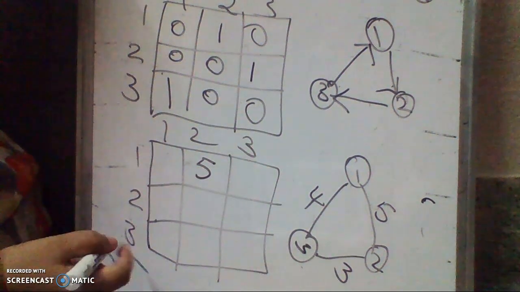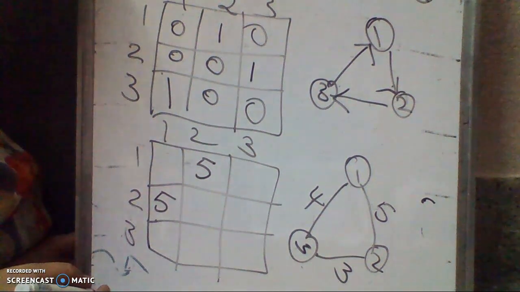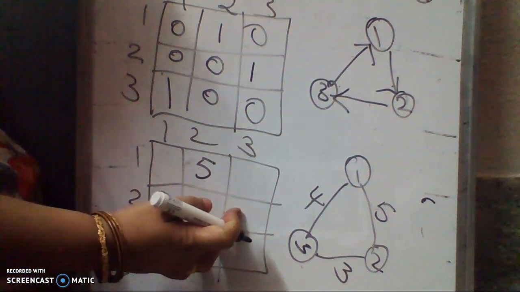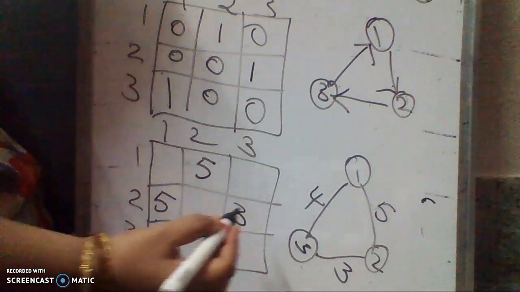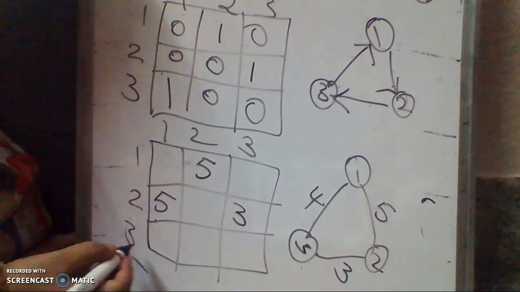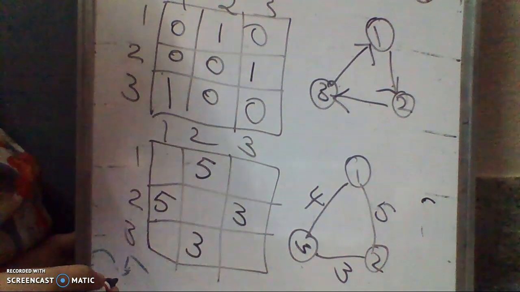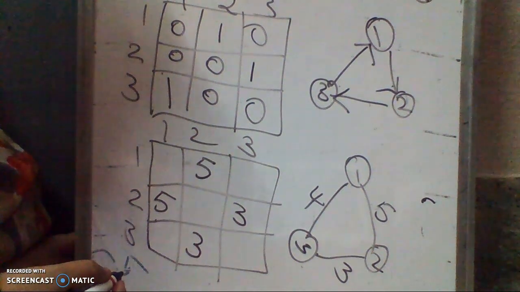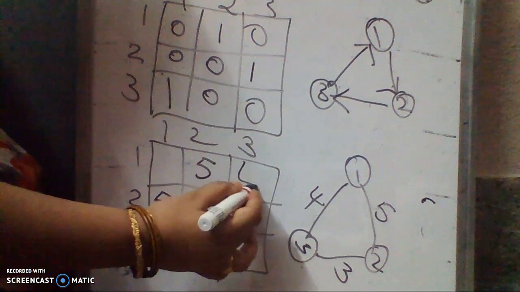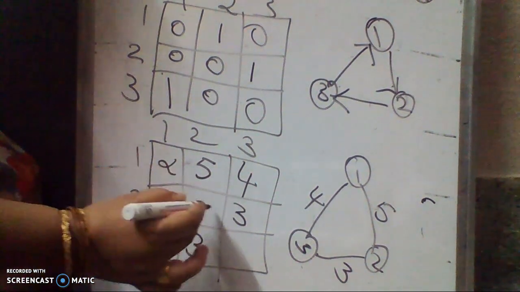This is treated as an undirected graph, so 2 to 1 is also 5. For 2 to 3 we have an edge with weight 3, so write 3, and at the same time 3 to 2 is also 3. Vertex 3 has an edge to 1: 3 to 1 is 4, and 1 to 3 is also 4. The remaining entries I will mention as infinity.